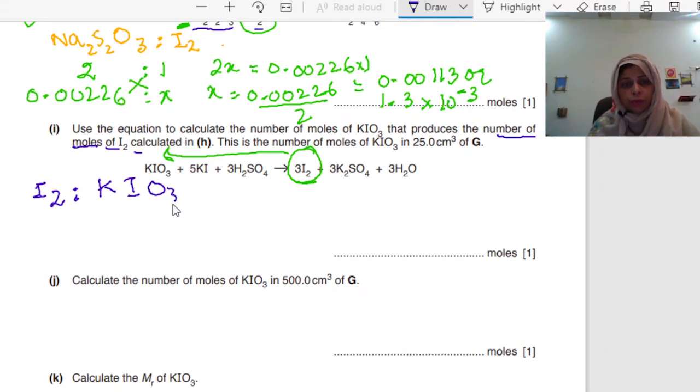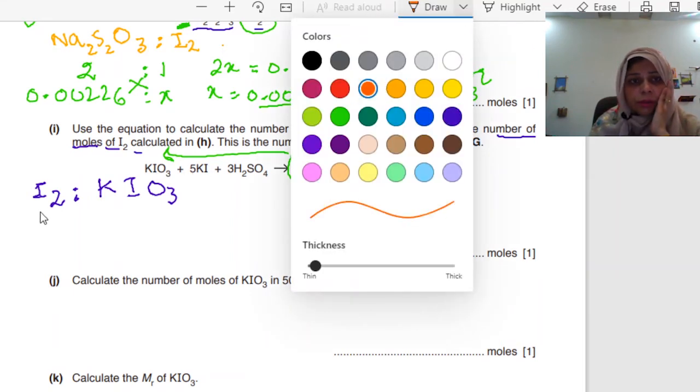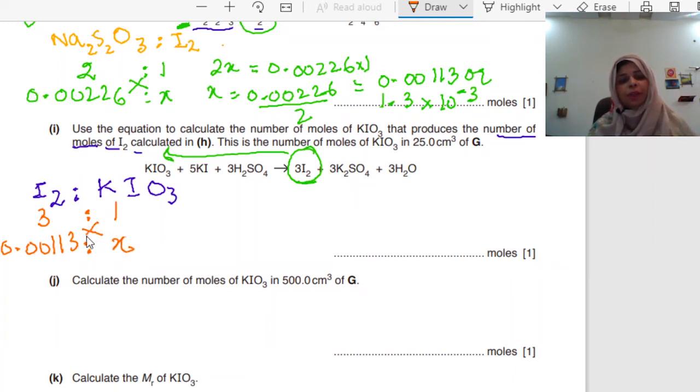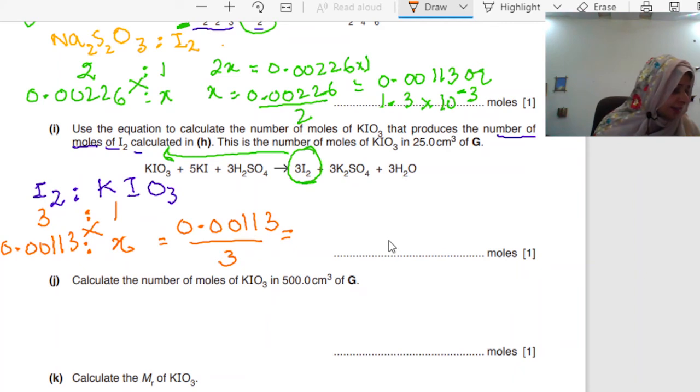KIO3, potassium iodate. Now what we will do, here 3 moles of iodine react with 1 mole of KIO3. If 0.00113 moles of iodine react, how much potassium iodate will be produced? So it will be 0.00113 divided by 3.